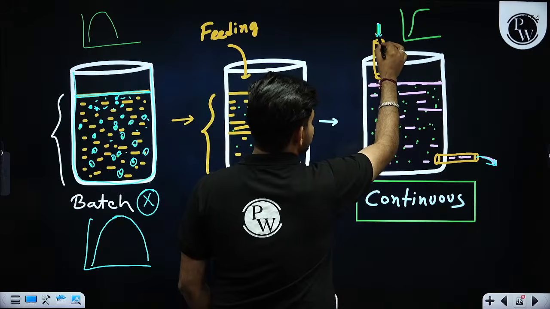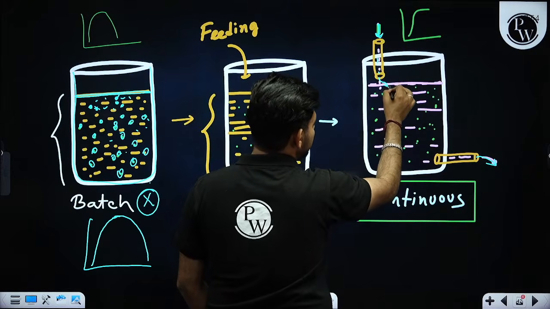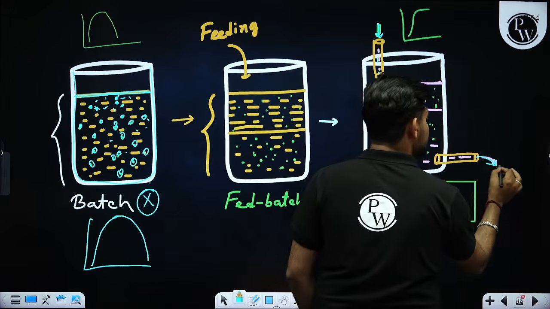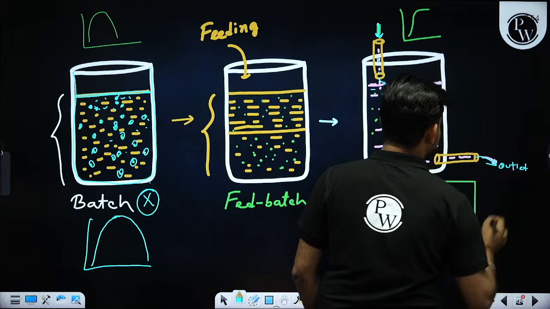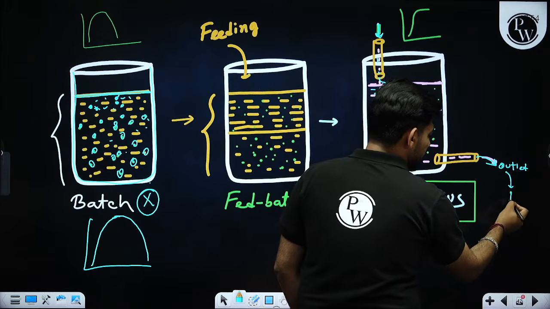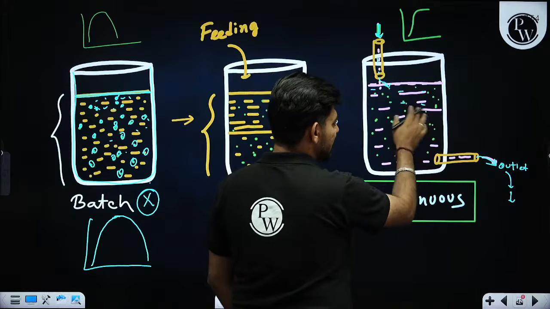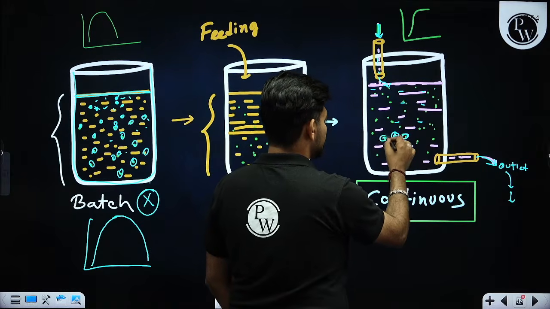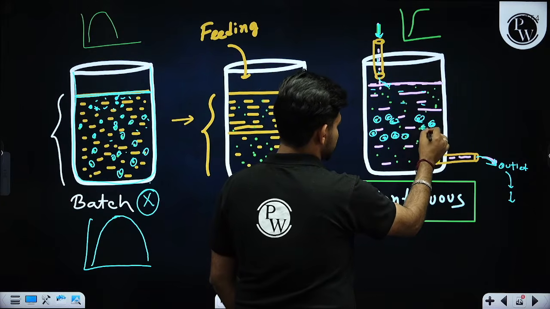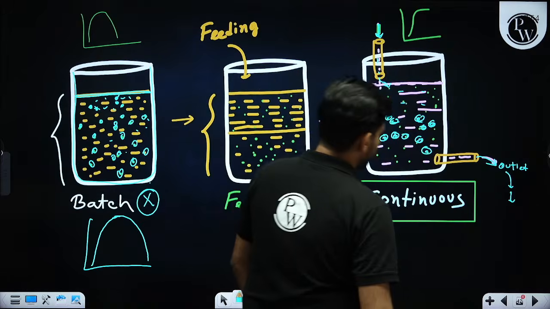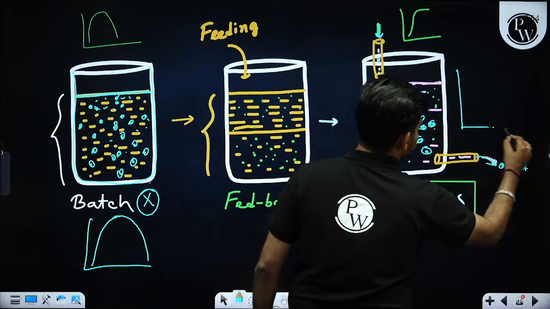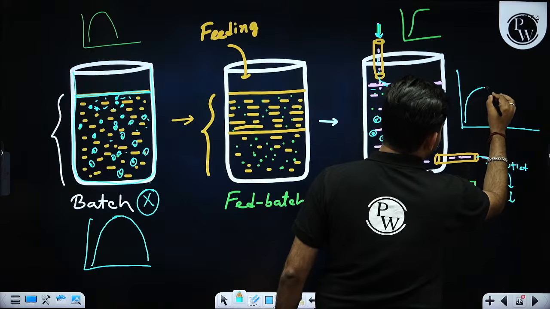With this inlet, there will be a continuous supply of fresh culture media, fresh nutrients, and with the help of this outlet, you are gradually collecting out the expired medium or the excess cells produced by your bacteria, the multiplied host cells inside it. So there will be no saturation point, and the graph that will be produced here is like this.